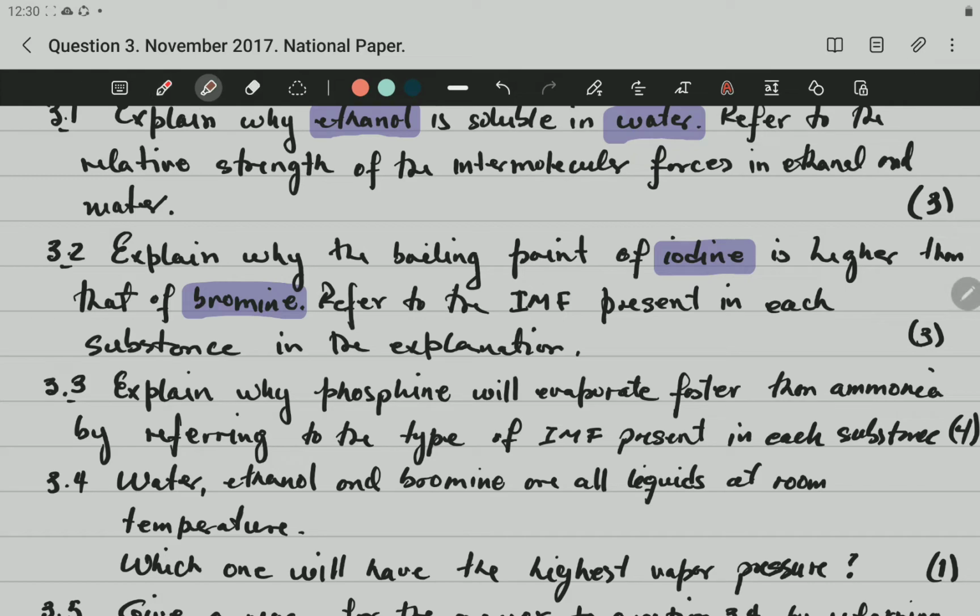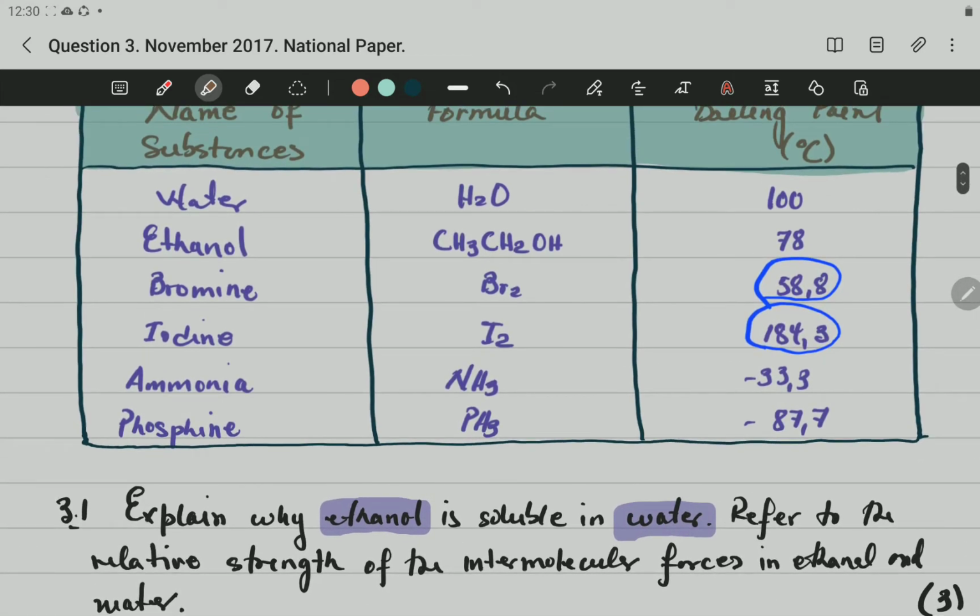So now they're speaking about phosphine and ammonia, and they say that phosphine will evaporate faster than ammonia. So here we're talking about phosphine and ammonia, which you have here a boiling point.